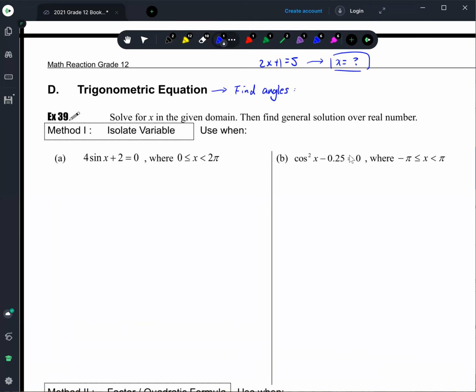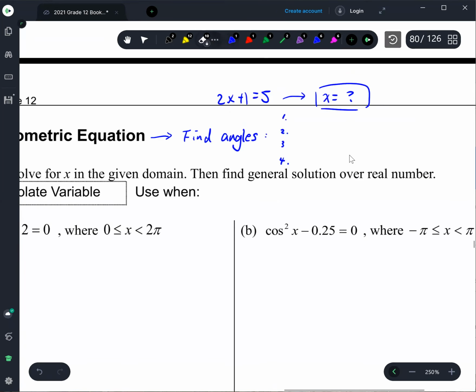So I don't know if you remember, we have find exact values and also find angles. Please take this time to go back to the notes. I don't remember exactly which page we learned that. Find angles, we had 4 steps. If you forgot the 4 steps, check the notes.